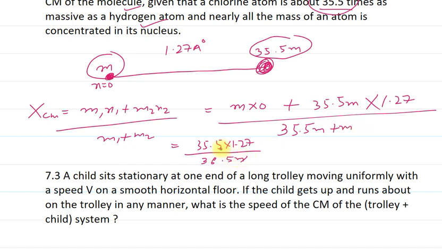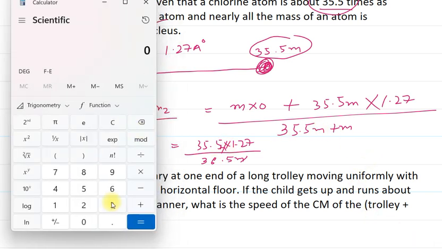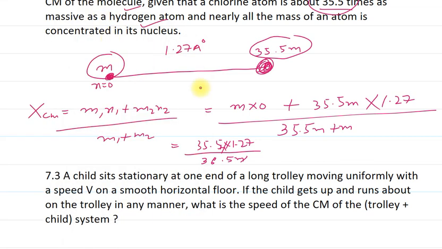The two add up, and m cancels with m. So we can solve that. It is 35.5 multiplied by 1.27, which is 45.085, divided by 36.5. So the answer is 1.23 angstrom.